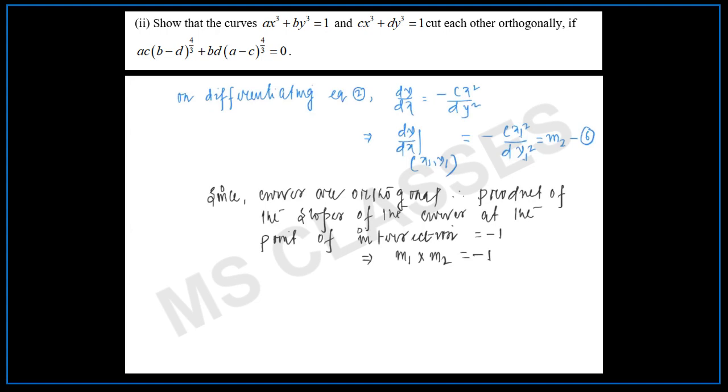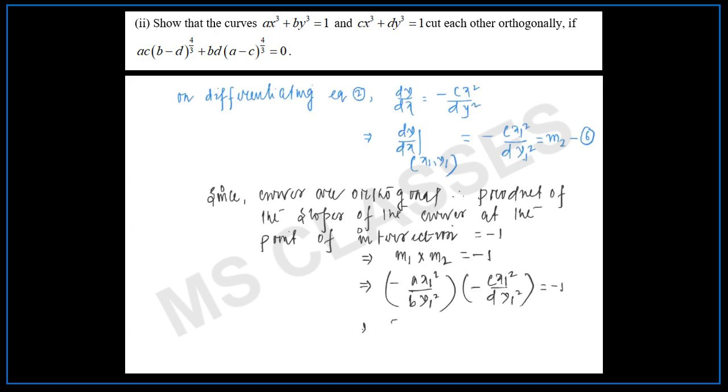Now we know what m1 and m2 are. So we substitute the values: minus a x1 square by b y1 square into minus c x1 square by d y1 square equal to minus 1.